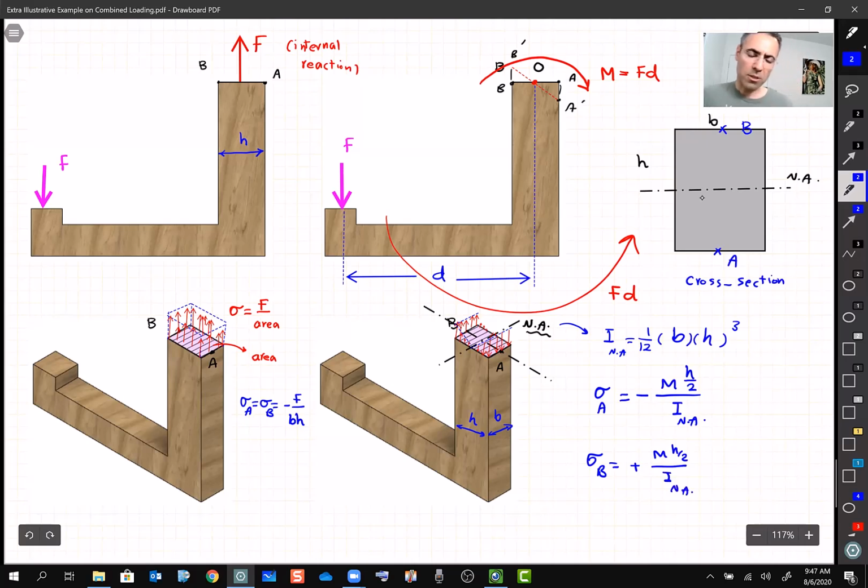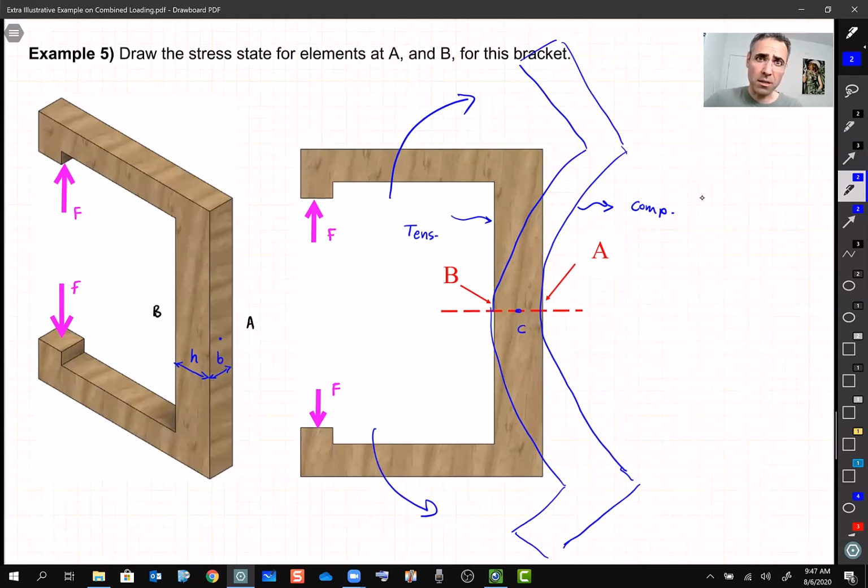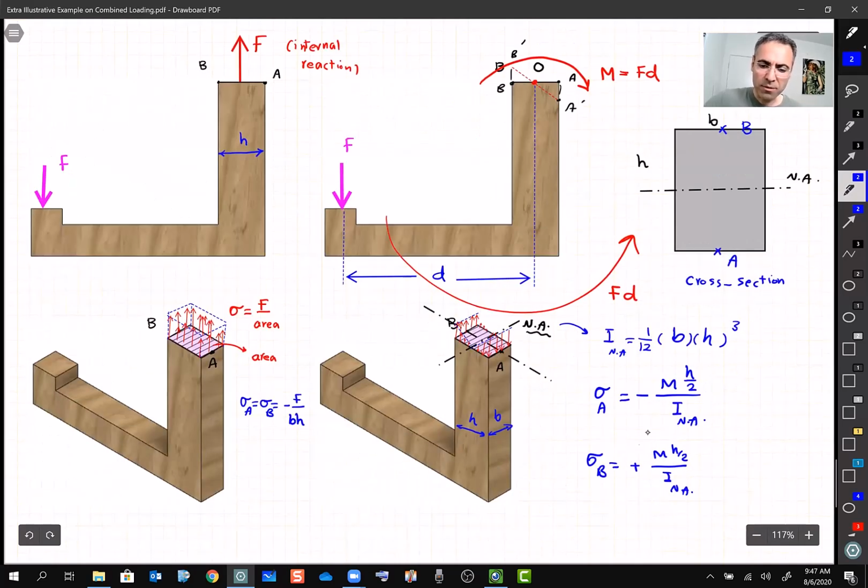All right. So that visualization that I told you at the very beginning is going to sort of guide you to make sure that your math is correct. When you know B is under tension and A is under compression because of this exaggeration that you made here, now you can see B is positive and A is negative.